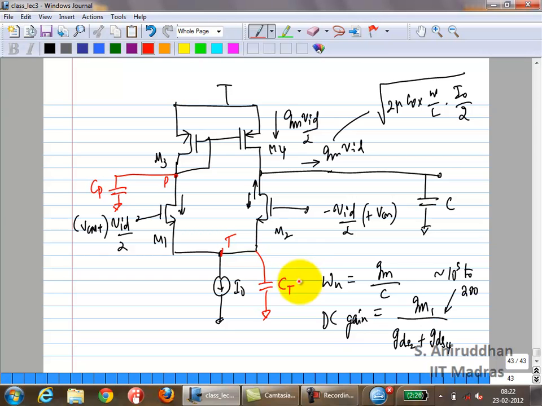Definitely you have one at the current mirror node, which is P, so you have CT there. What else do you have? You have CP and what else? Anything else?